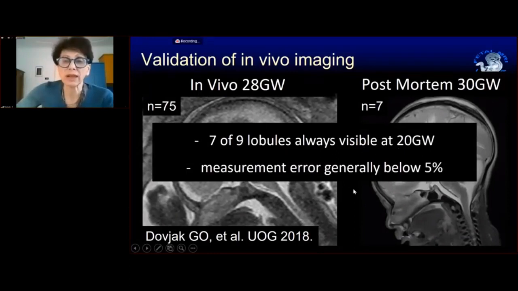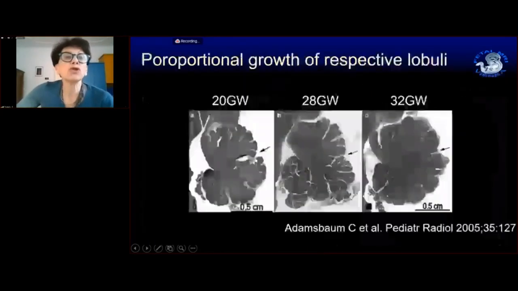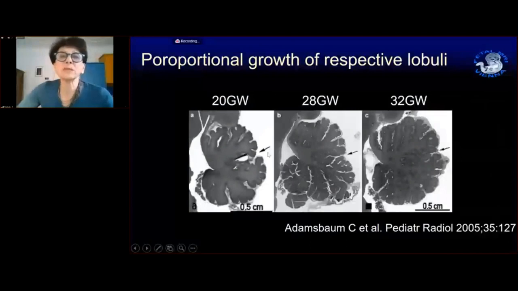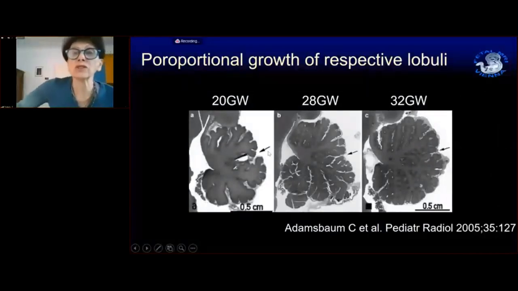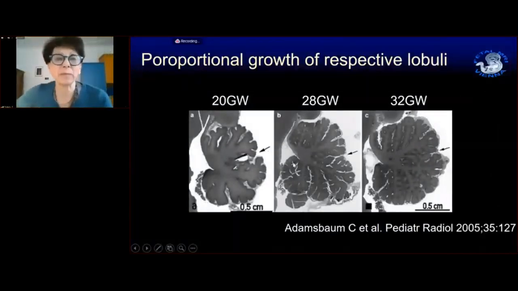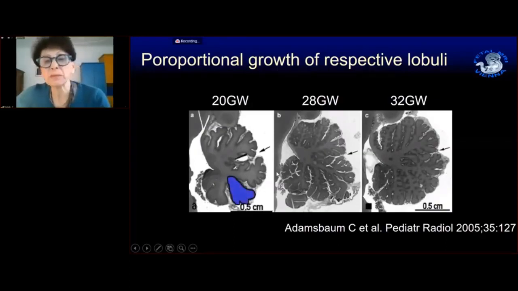What we also know is that the respective lobules do not grow at the same speed. This is from an Adamsbaum publication already a long time ago. What you can see here is that some parts grow faster than others.